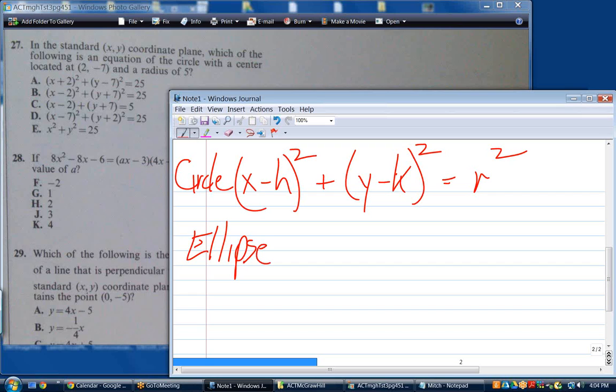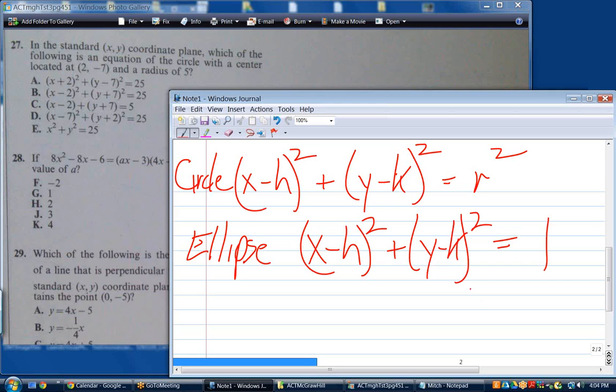Sorry. What's the general equation of an ellipse? That's the only other one you have to know. Isn't it just half of that? No, it's similar to this. The top part is pretty close to the same, but it's equal to 1, and there are 2 different radiuses.